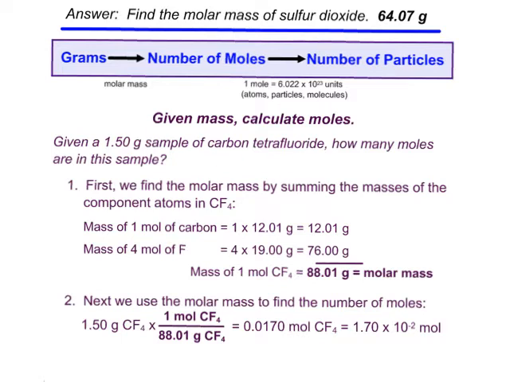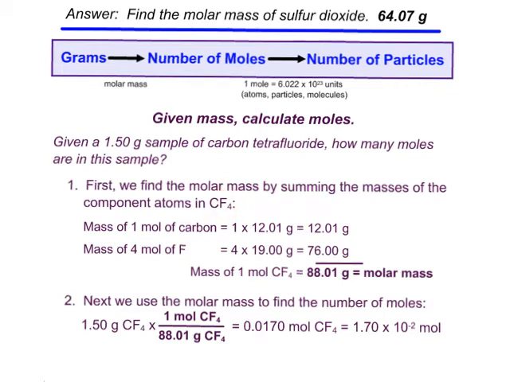So we know the number of grams. We now need to find the molar mass. Here's carbon tetrafluoride. Remember, it's a type 3 compound. So that's how we write the compound, the chemical formula. We know that we have 1 mole of carbons there. 1 times 12.01 grams is going to give us the number of grams of carbon.